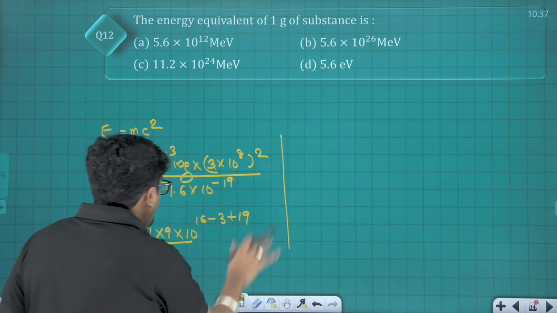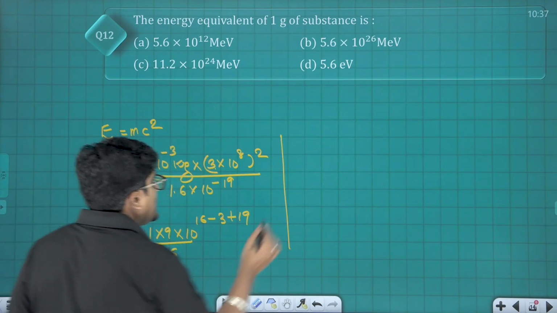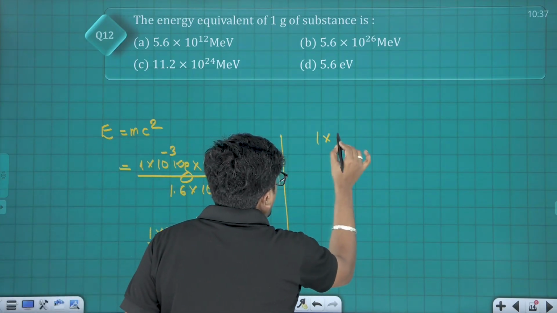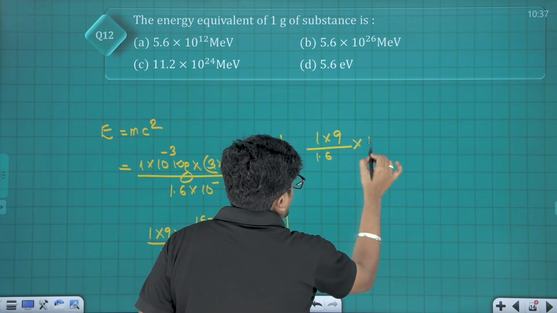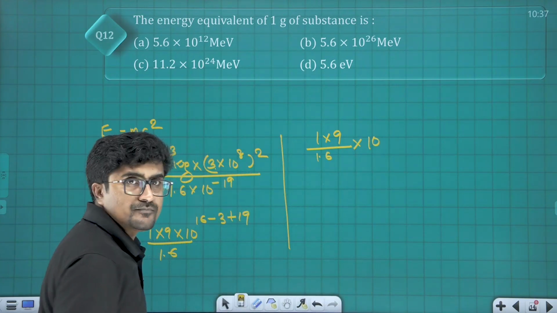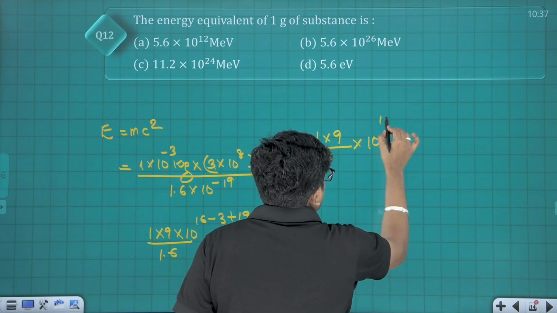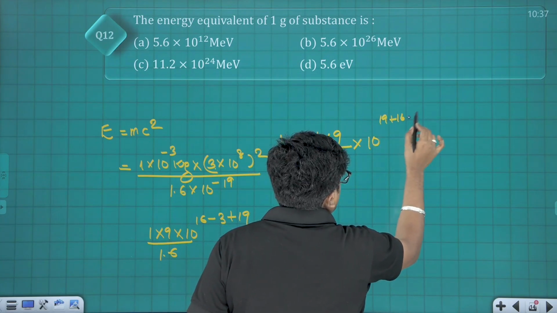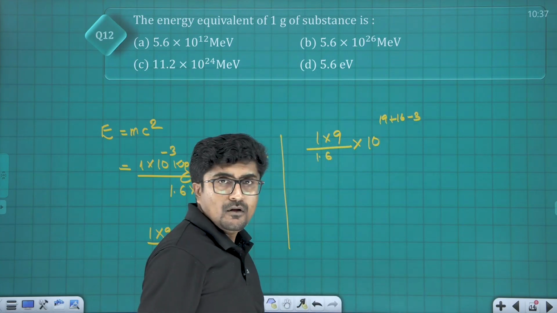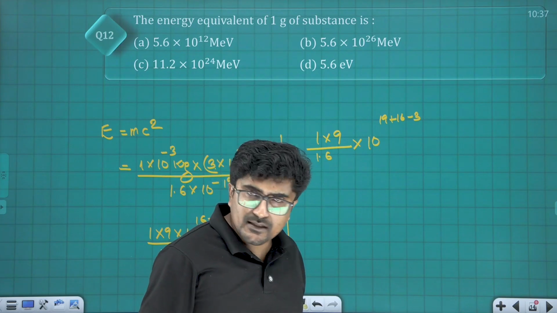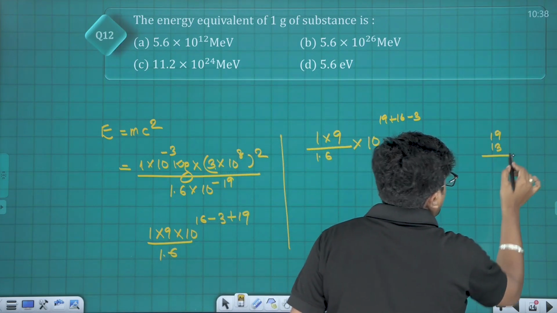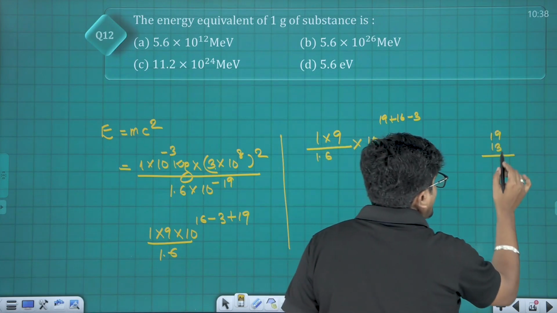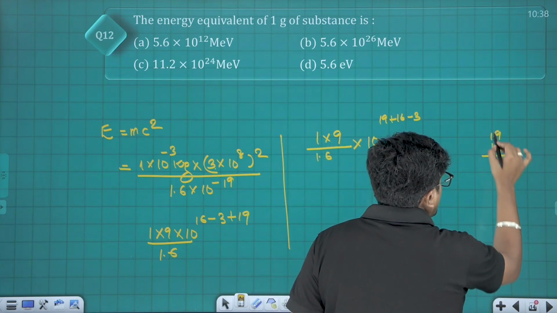Considering the powers of 10 altogether and the remaining part aside, 9 upon 1.6 into 10 to the power 19 plus 16 minus 3. 16 minus 3 is 13, so it's basically 19 plus 13, which is 32.